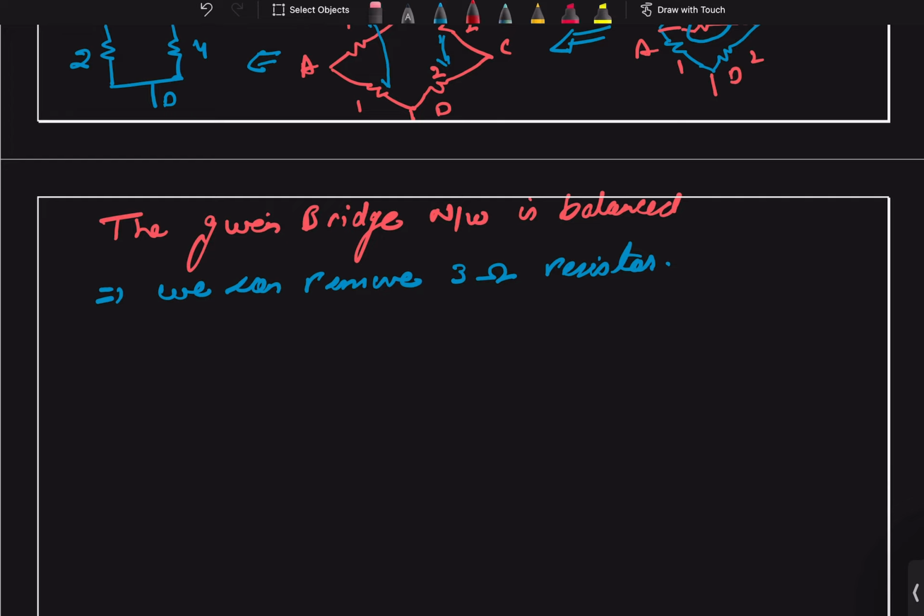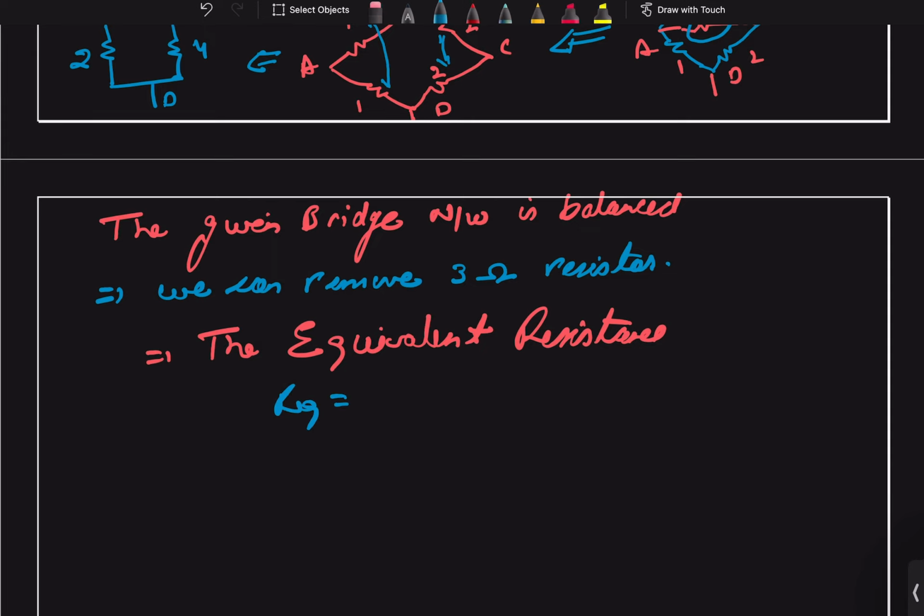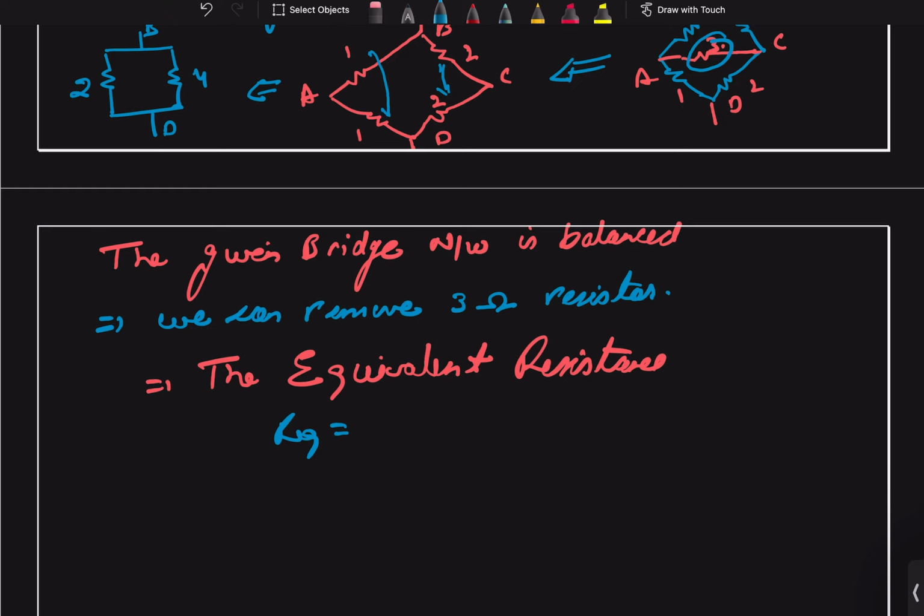So we can write the equivalent resistance, let us call that R equivalent. The final circuit is 2 parallel 4, which gives us 2 times 4 over 2 plus 4. This will be 8 by 3 and it comes close to 1.3 ohm.